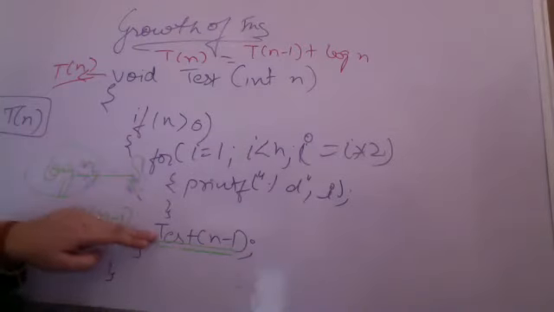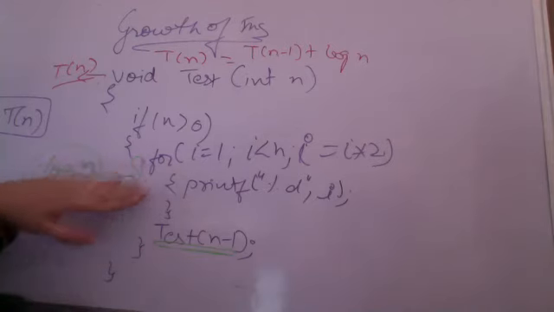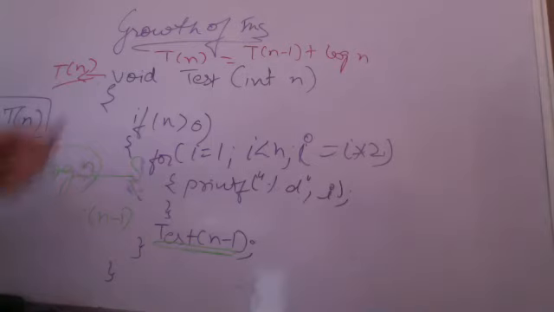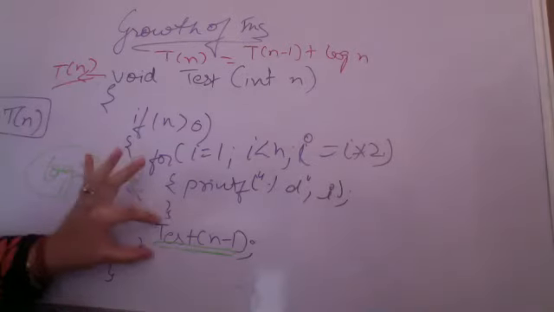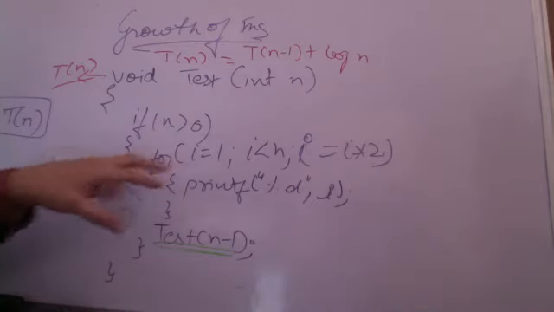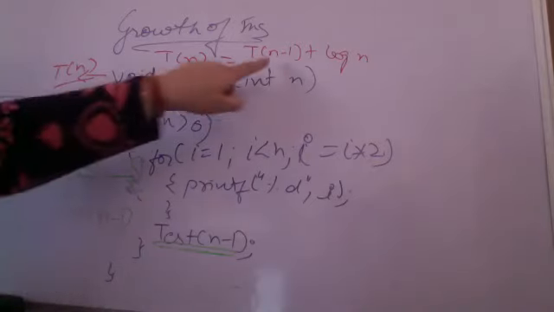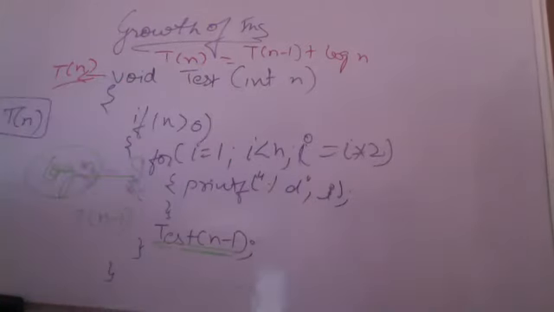This test n minus 1 is not within the loop. It is outside the loop. They are sequential statements, so whatever time it takes for each statement to execute is added. So T of n minus 1 is added with log n. And there will be some constant multiplied with the instructions that I am removing for the calculation purpose. So I am deriving the timing for this particular given code to be T of n minus 1 plus log n. Am I clear to all?